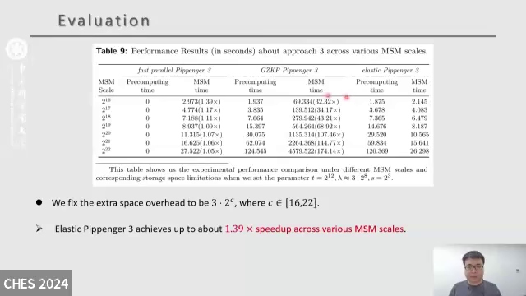Okay, let's see this table about approach 3 across various MSM scales. Let's see these two columns. We can see that elastic Pippenger 3 achieves up to about 1.39 times speedup across various MSM scales.